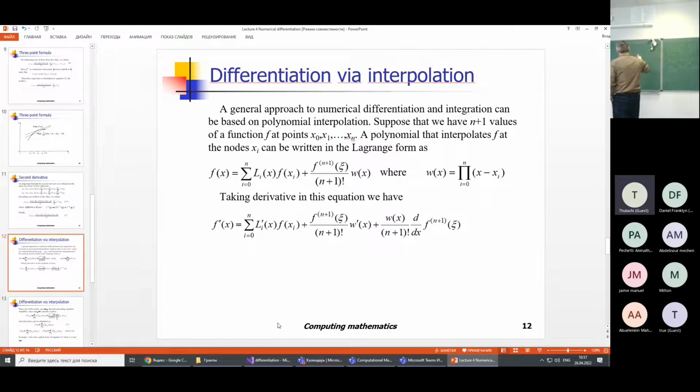So we can write a polynomial Pn of x that can be considered as an approximation to the function f of x.